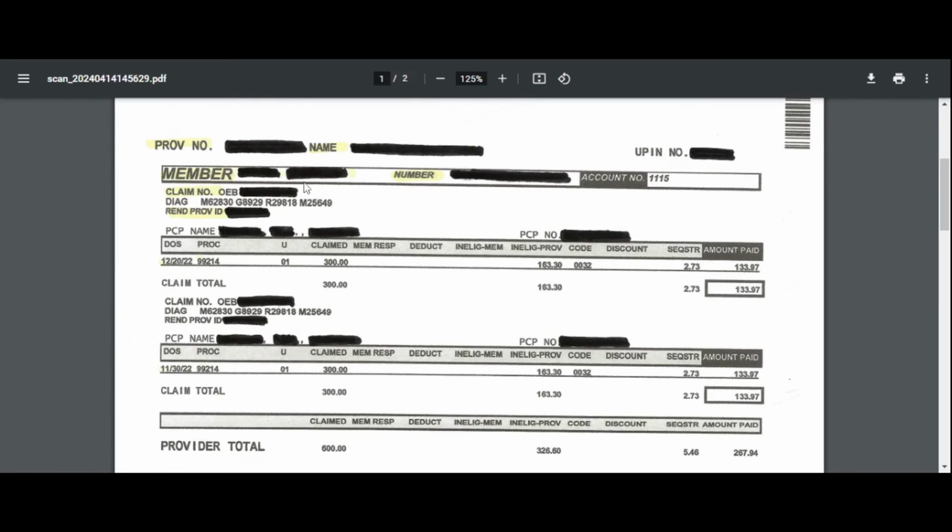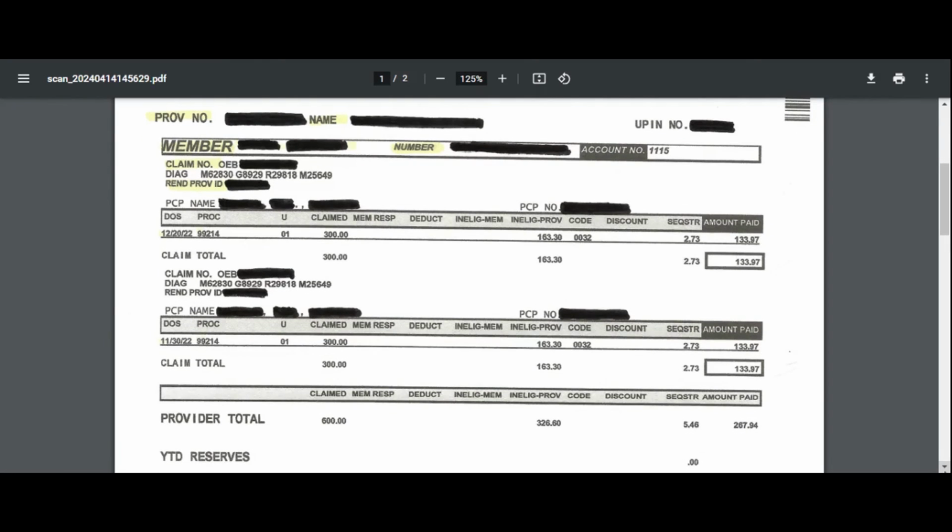Then you have the member. So you have the member's name, the member's number, and the member's account number. Again, the account number is from the practice management system. You have the claim number, just in case you need to reference it. And on this remit, you notice it also shows you the diagnosis that was used for this particular claim.